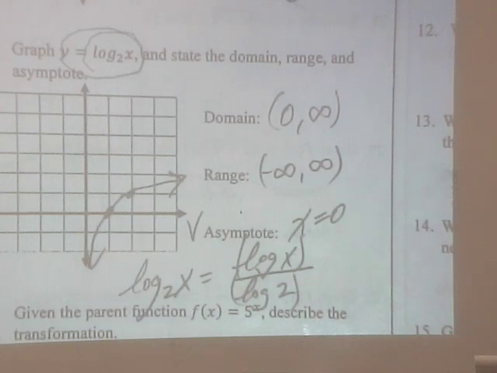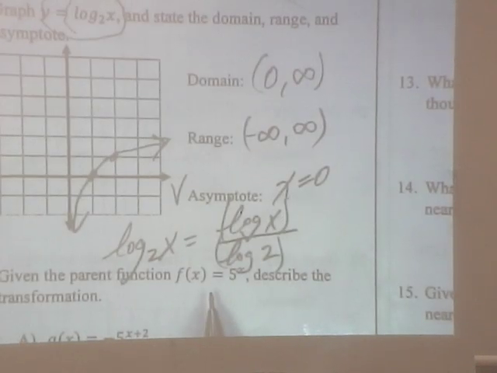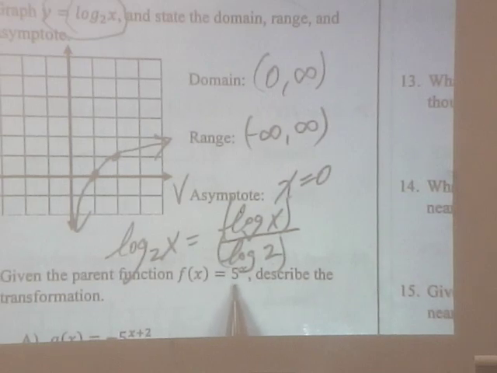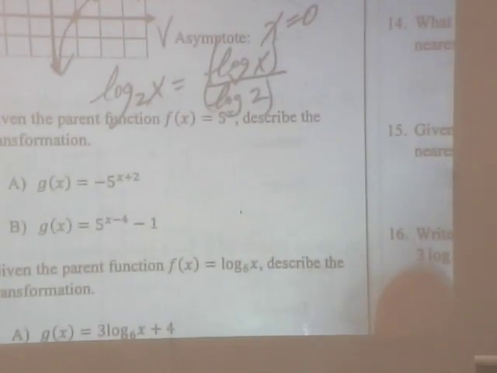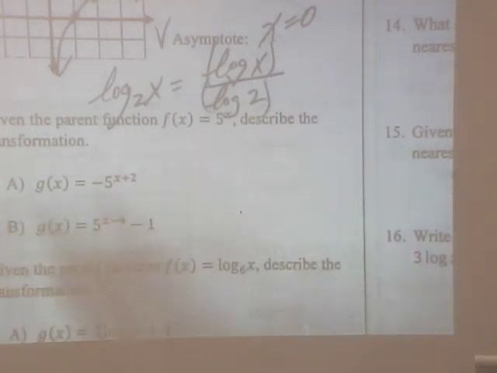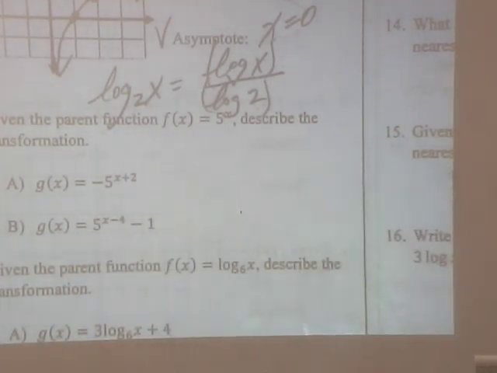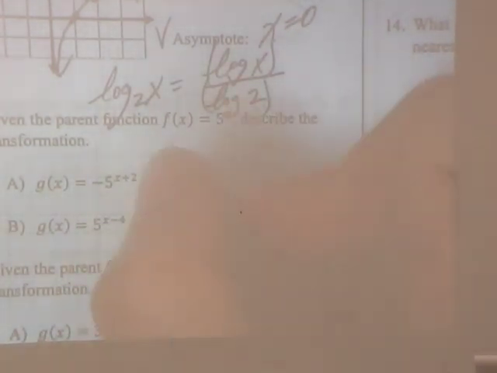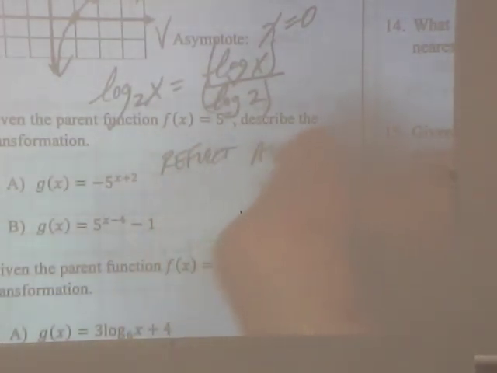Number 4, given the parent function f of x equals 5 to the x power, describe the transformations. We've got 2 transformations in 4A. What's the negative in the front going to do? Reflect across the x-axis. Move left.